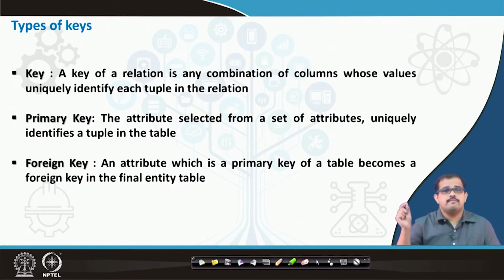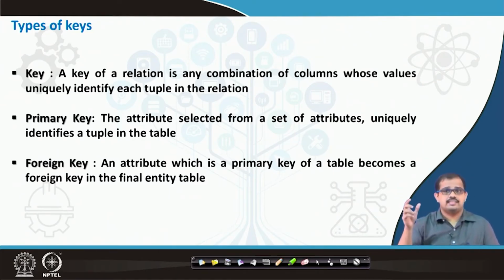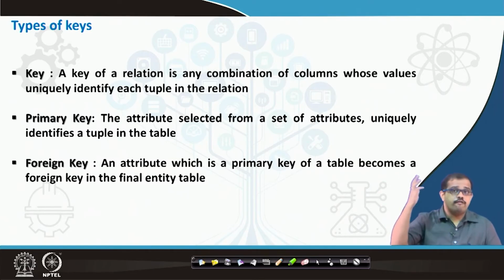This key becomes a primary key if the attribute selected from a set of attributes is unique and uniquely defines a tuple. As I said, a student ID is a unique number and it defines only a particular student, so it becomes a primary key. Now let's say a particular key connects two different tables and acts as a bridge between them. This key is then called a foreign key.